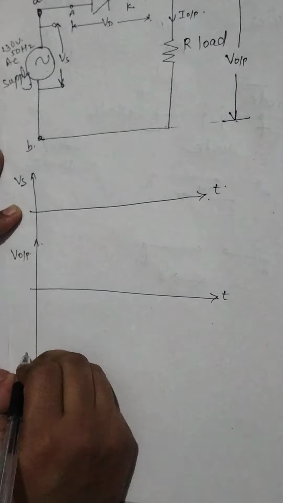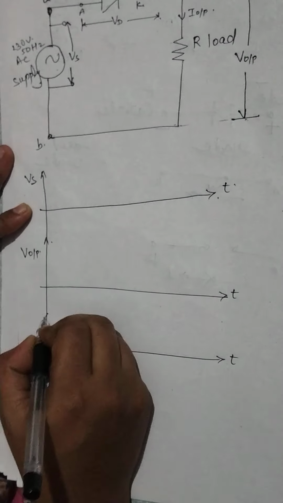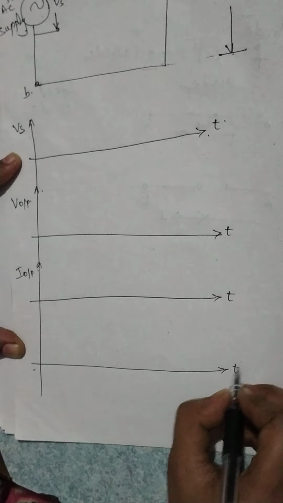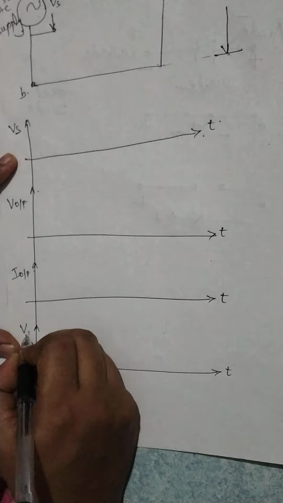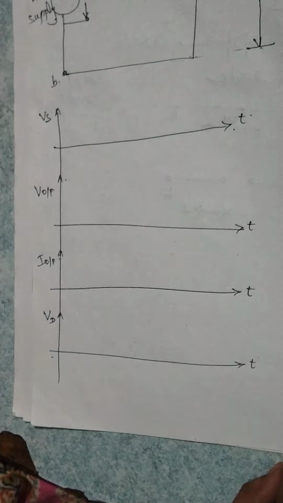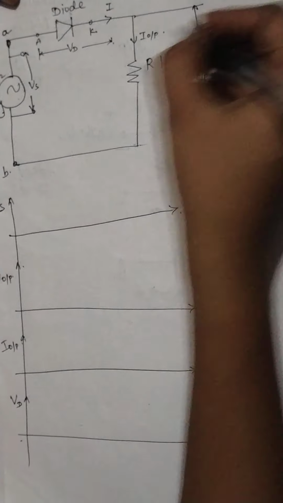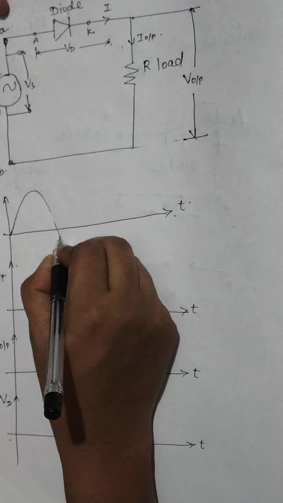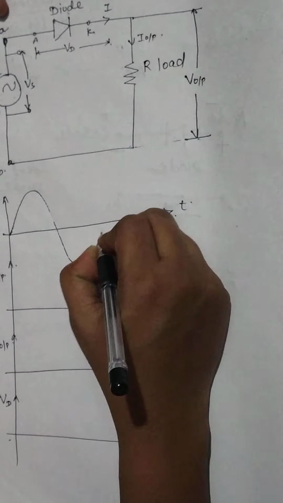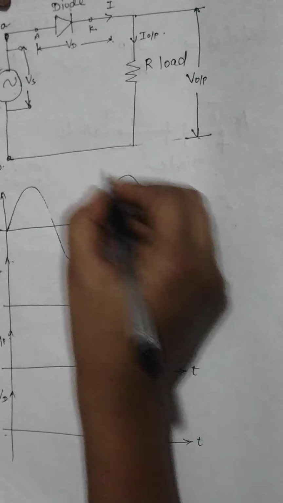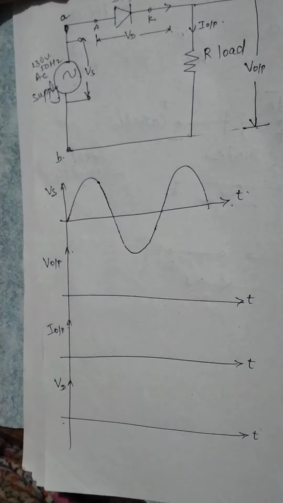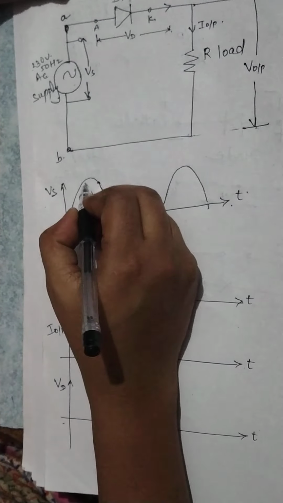Output voltage, output current, and voltage across diode, VD, right? Now starting with the supply waveform. As you know, supply is the sinusoidal voltage, 230 volt 50 hertz AC supply. So its wave shape is a simple sinusoidal wave shape.